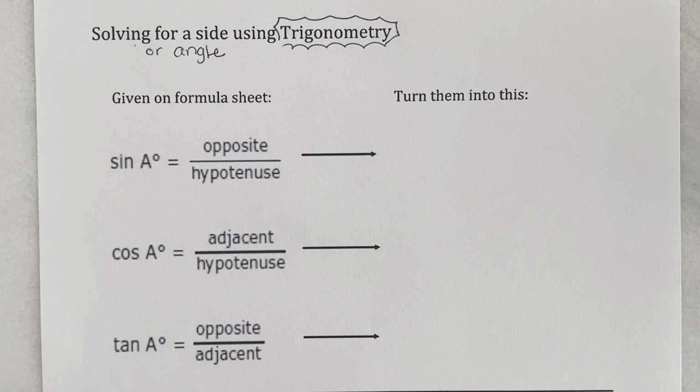For this example, it says we're going to solve for x, round to the nearest tenth. I can see here that x represents the distance from N to L. So that's side NL. Since we're solving for a side, it'll be pretty easy when we put it in.